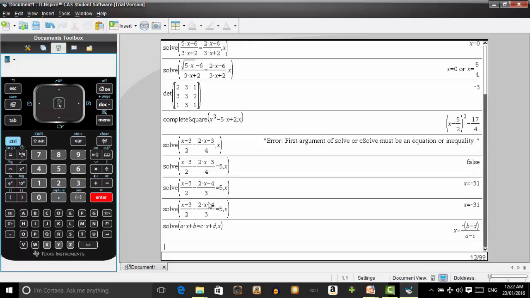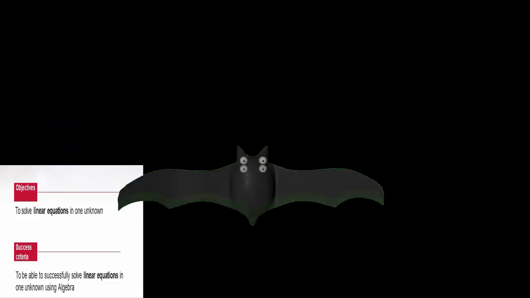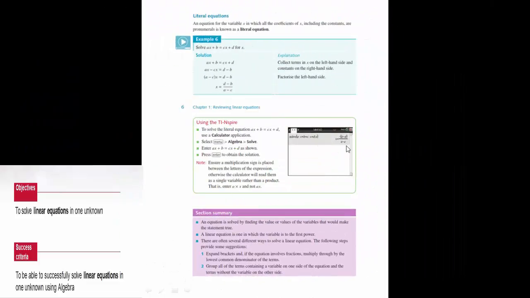X equals negative bracket b minus d over a minus c, which is the same as minus b plus d over a minus c, or d minus b, and you end up with x equals d minus b over a minus c as our solution.